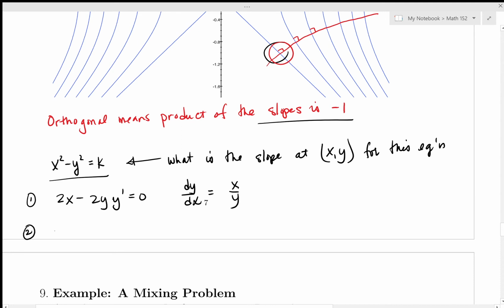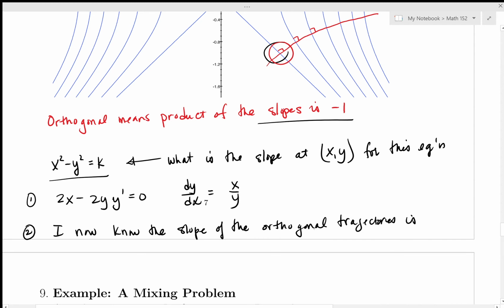Step two: I now know the slope of the orthogonal is dy by dx equals minus y over x, because x over y times minus y over x is -1.